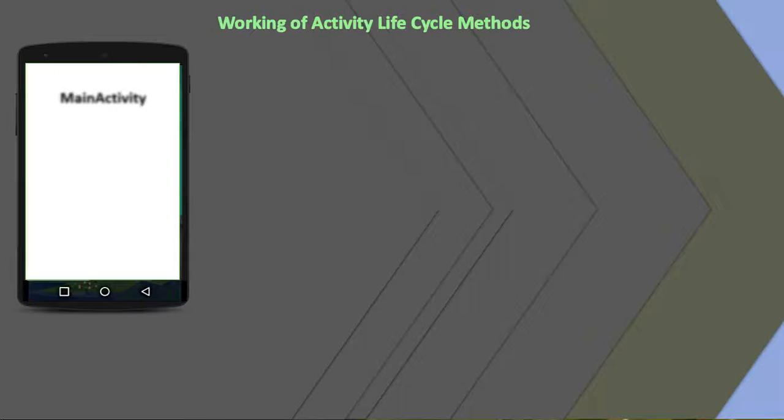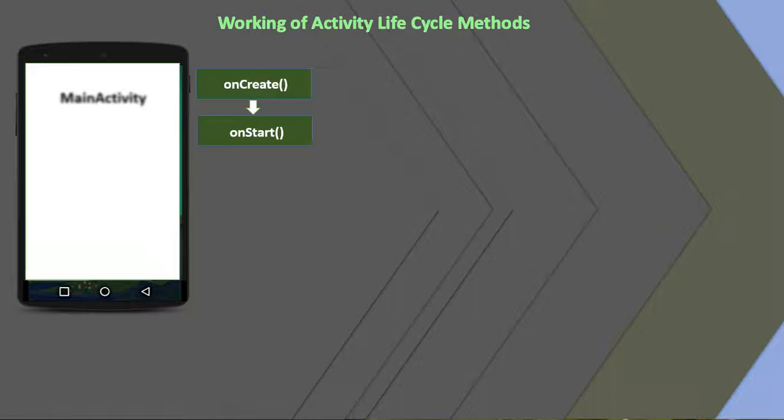Which method executes first? The first method executed is onCreate. Inside the onCreate method, we attach the layout file and initialize the views, because it's the best method for this task.